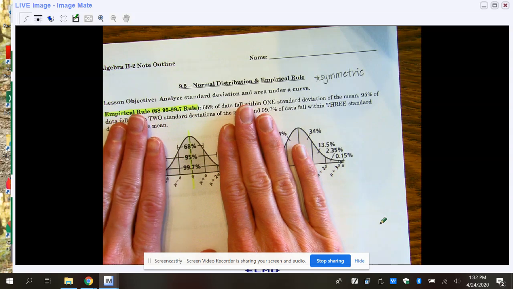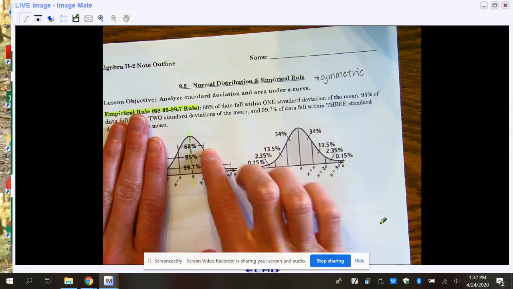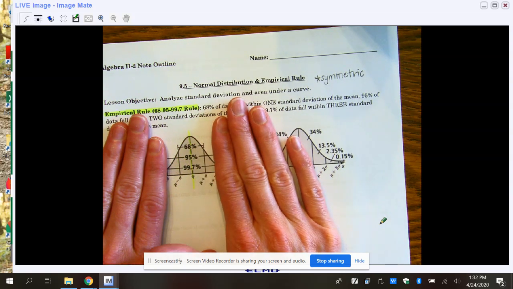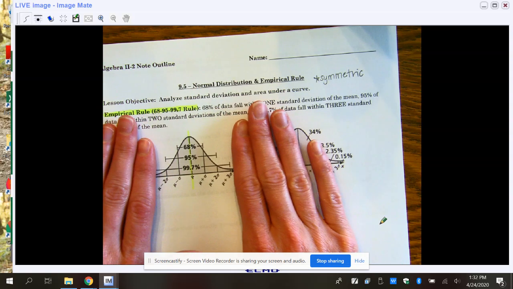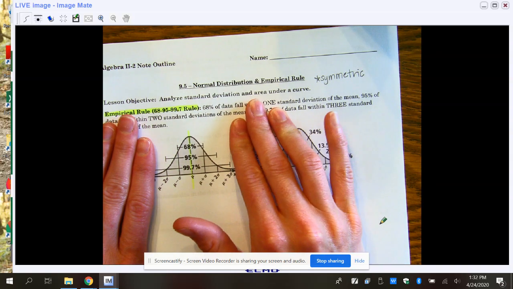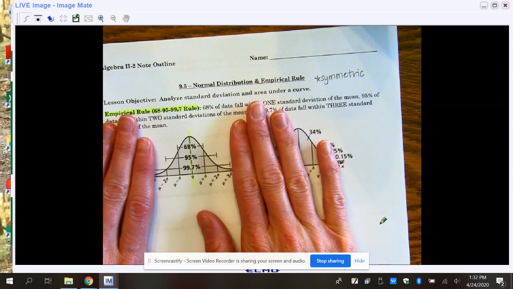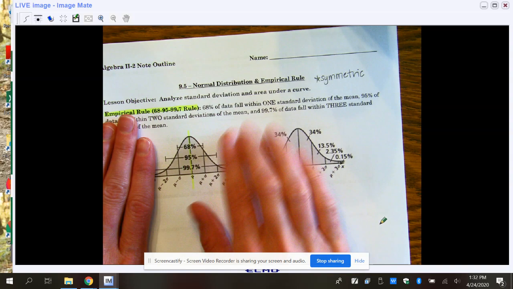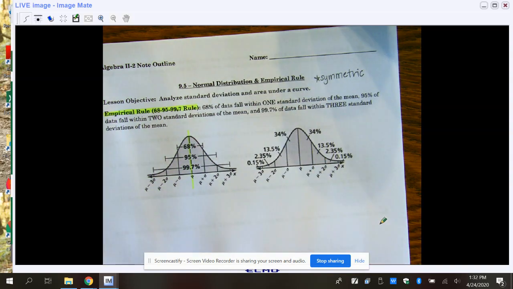If you go two standard deviations out, 95% of your data falls within that range. And if you go out one more, 99.7% of your data falls within 3 standard deviations of your mean. So you only have 0.3% left over.